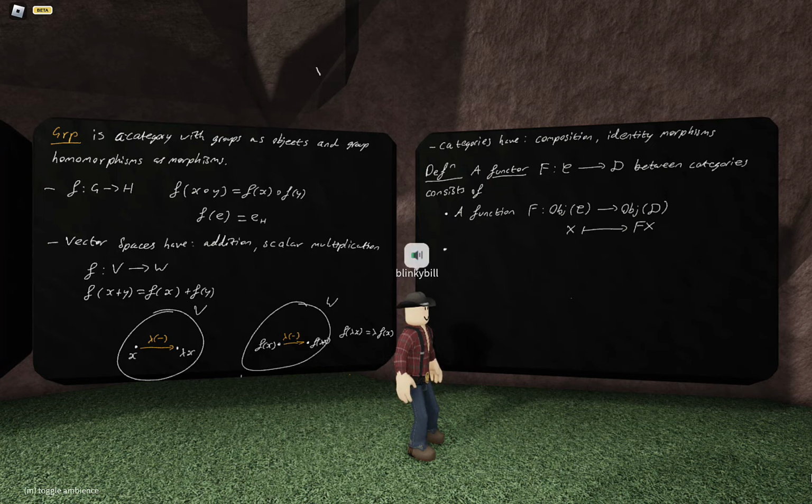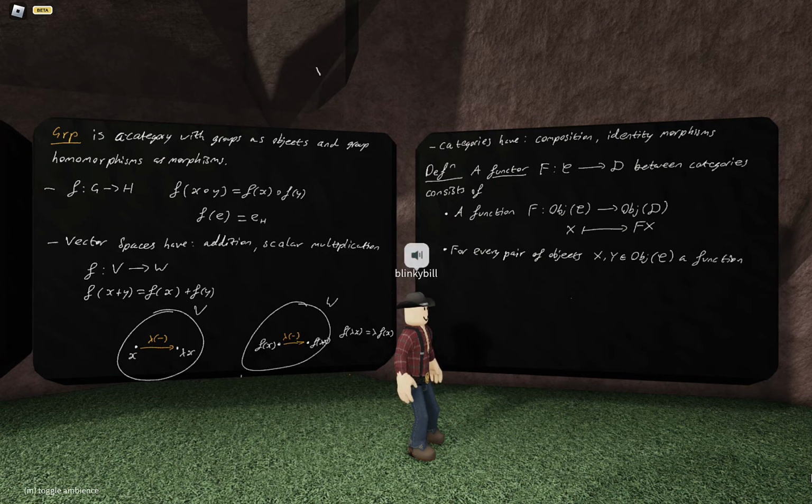And then here's the more important bit. For every pair of objects x, y in the objects of the category C, there's a function.